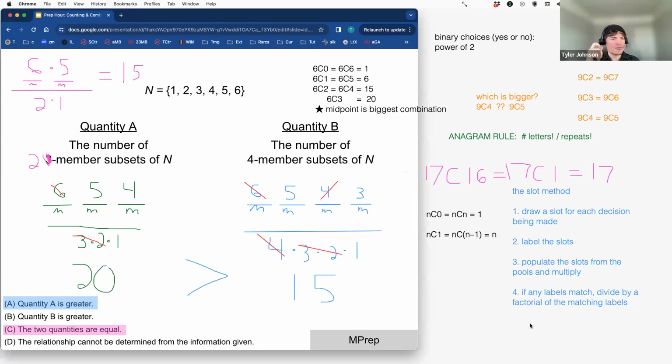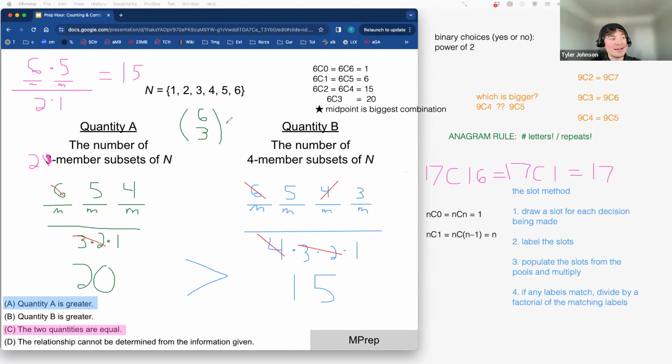One last thing I want to say before I show you this next problem is an alternate way of writing combinations. Like 6 choose 3 is equal to 20. A notation you might see on the GRE is just two numbers written above each other in parentheses. So if there's no fraction bar, it's just a number on top of another number like that.